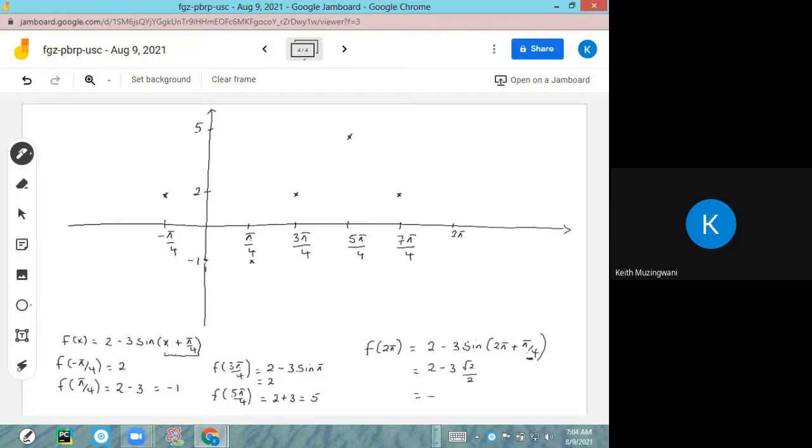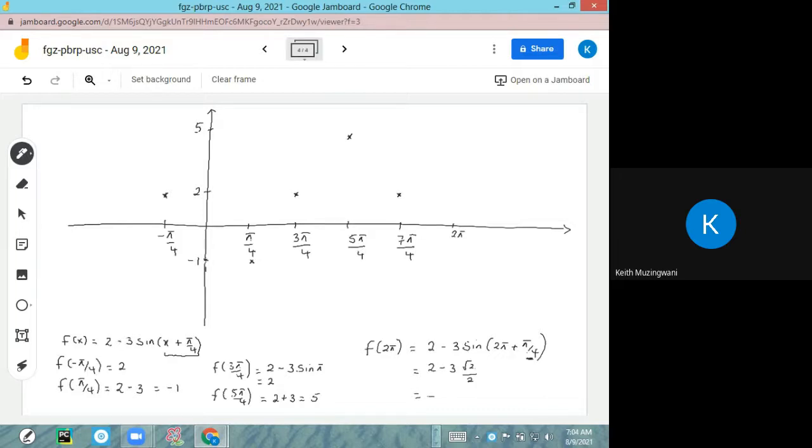Divide by 2 to be 2 point something. So 2 minus 2 point something, you get negative 0 point something. Exact. So it will be negative.